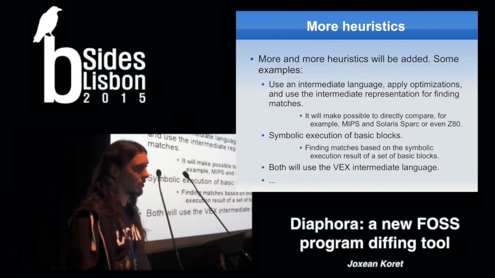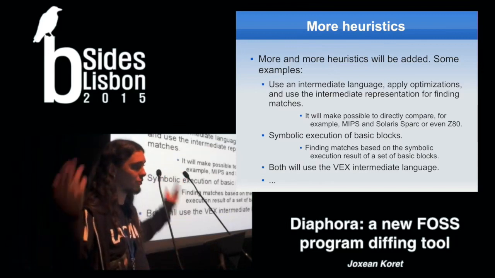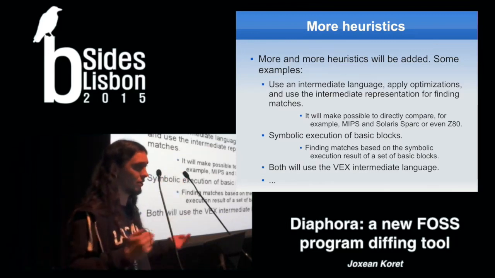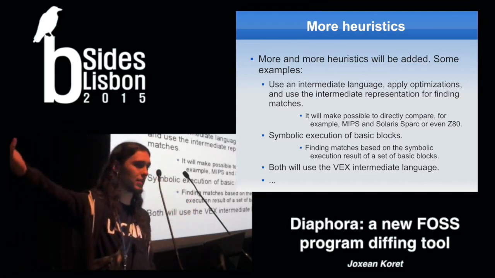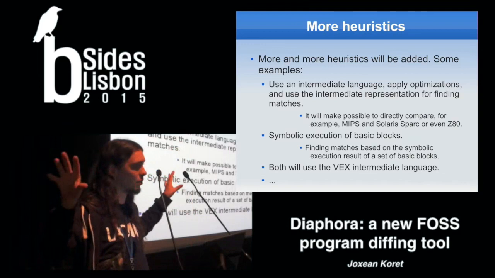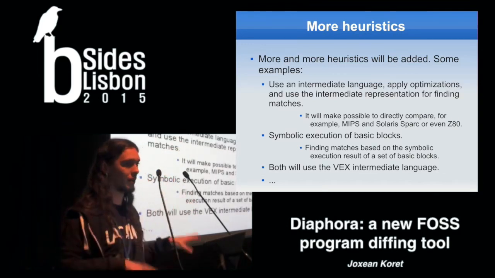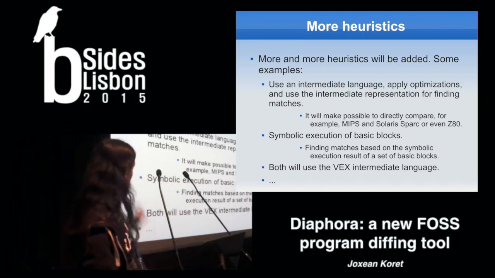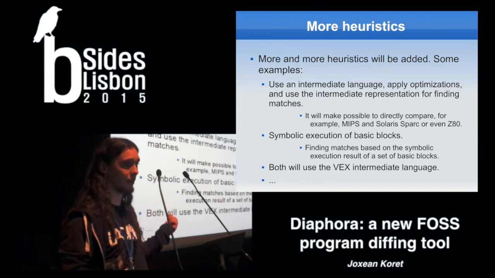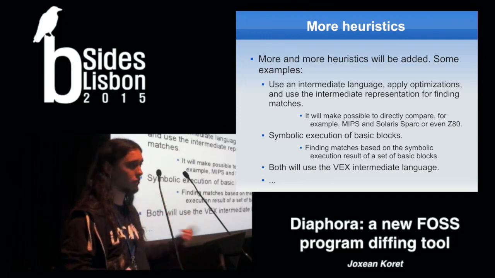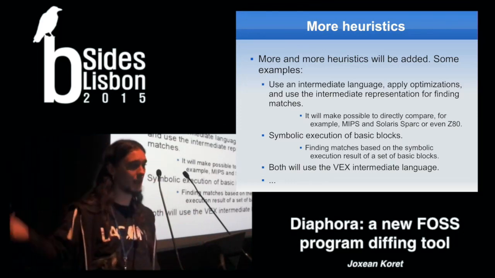The symbolic execution of basic blocks from different architectures is actually going to give the same results. So, no matter if the instruction set is in one MIPS and in the other PPC, if the final result of a basic block is the same, it is the same thing that is being done in the basic block. As of today, I'm using VEX. VEX comes from Valgrind, so any instruction set supported by Valgrind will be supported also by Diaphora.